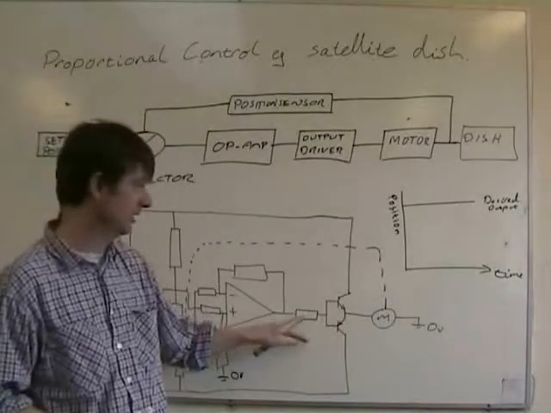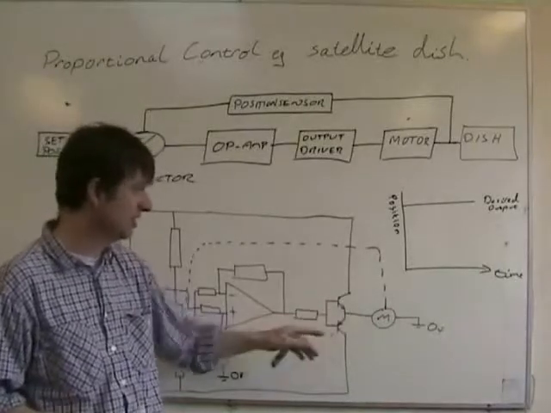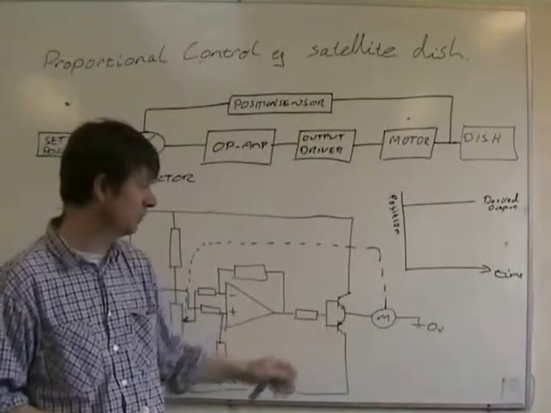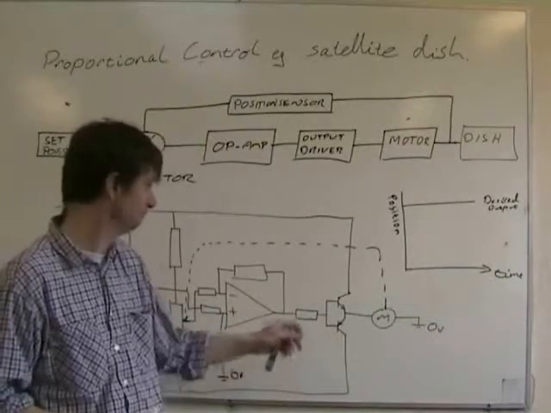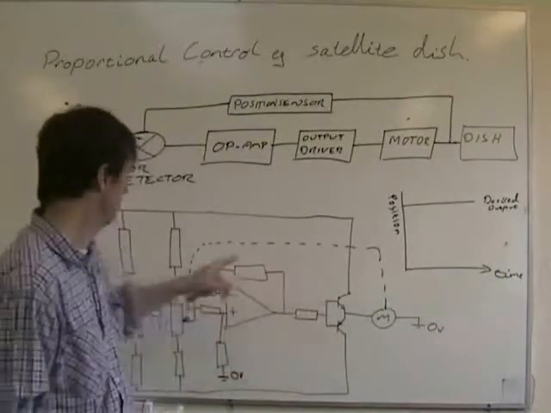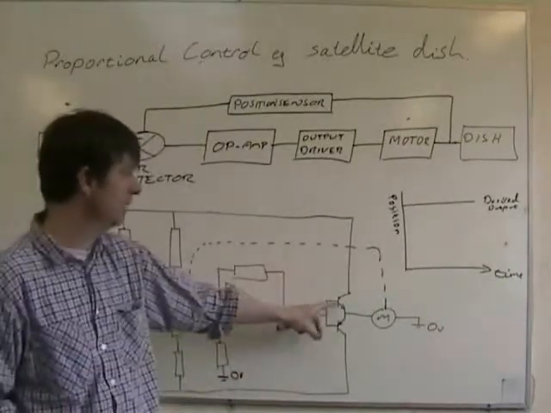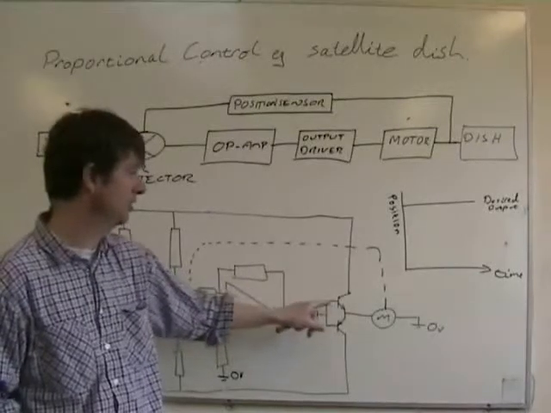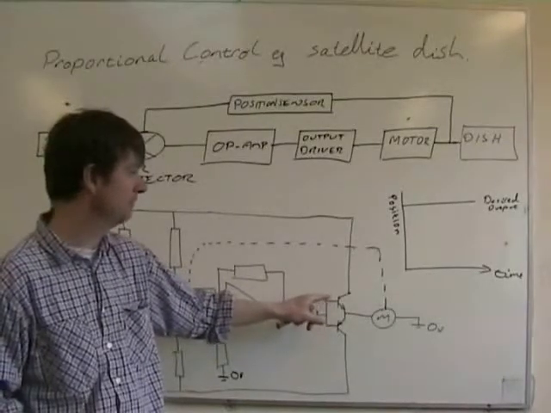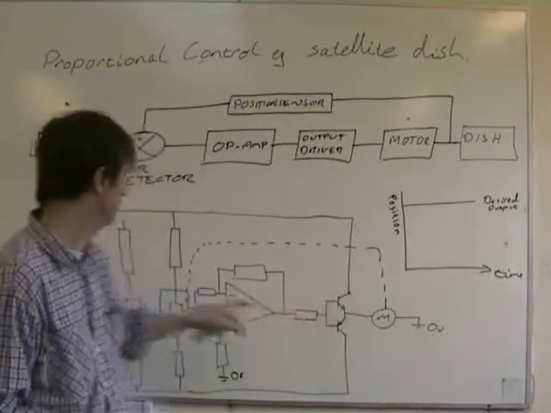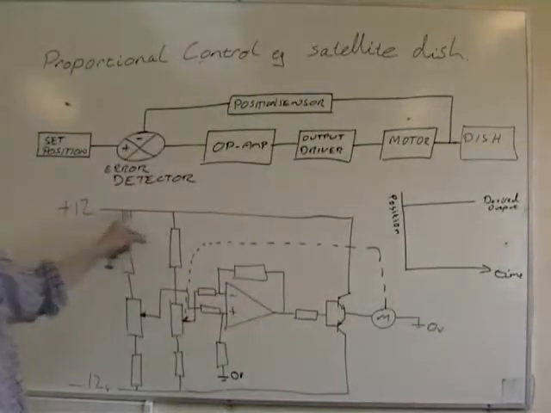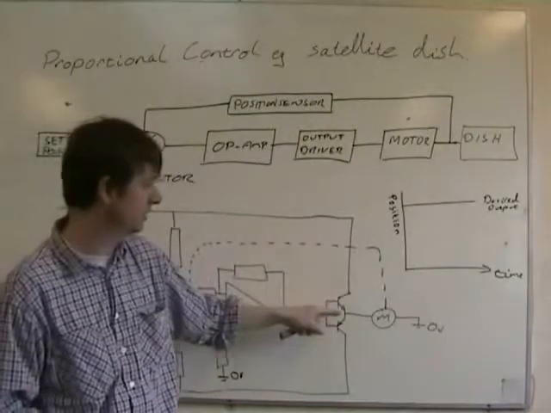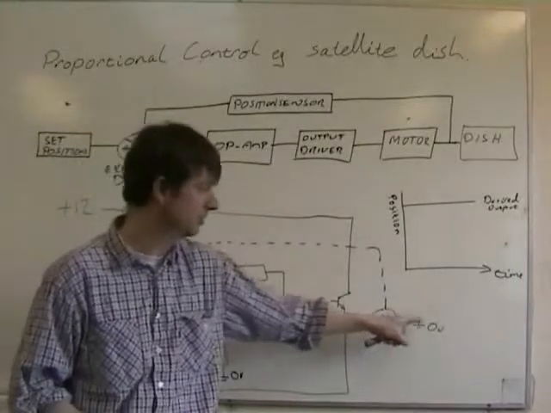That resistor protects the bases of these transistors. It's arranged in a push-pull motor driver. When the voltage here gets to 0.7, this transistor, the NPN one, switches on and current will flow from +12 down through that transistor, through the motor to 0.